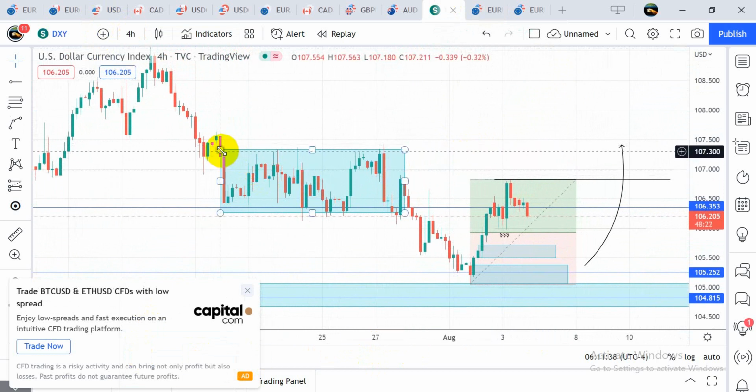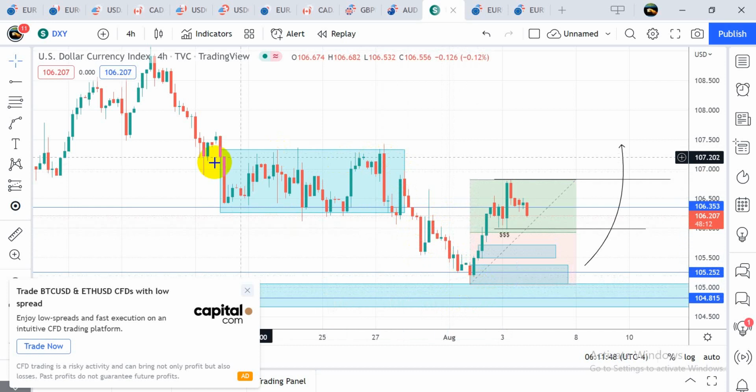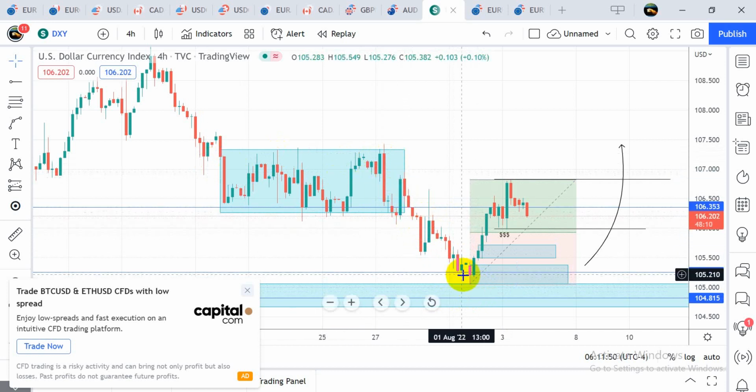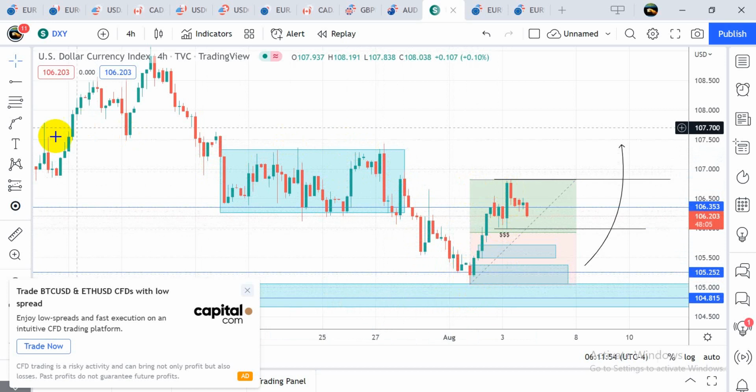So here we had an accumulation in DXY, and price moved down into our area of interest. This was the daily zone of interest for the buys. We had an accumulation, manipulation to the downside, and naturally we should expect distribution above the accumulation.